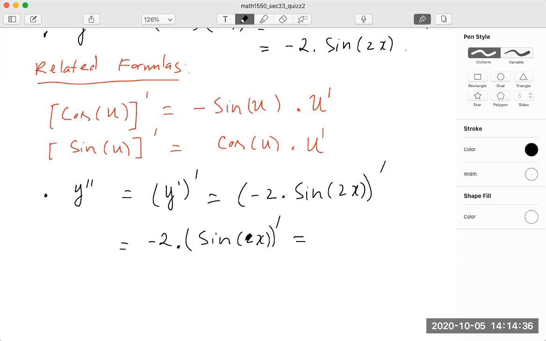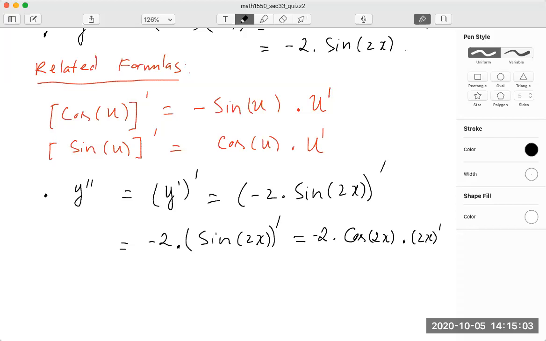So first, the number negative 2, we just rewrite it. Now, the derivative of sine of u, we apply this formula right here, which will be cosine of u, in this case 2x, multiplied with 2x prime. Very good.